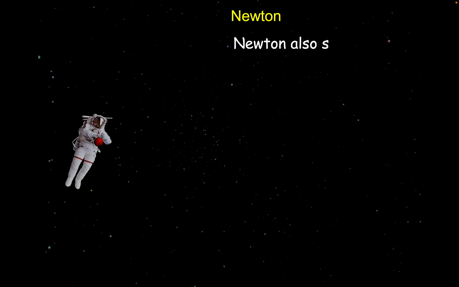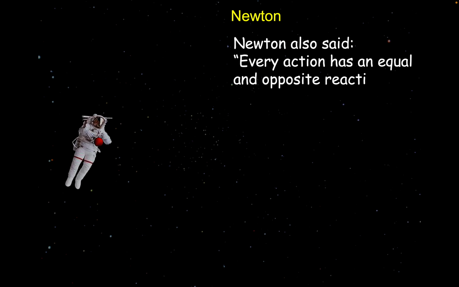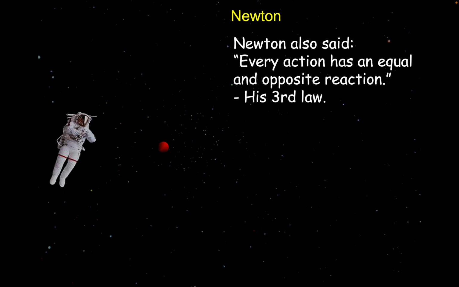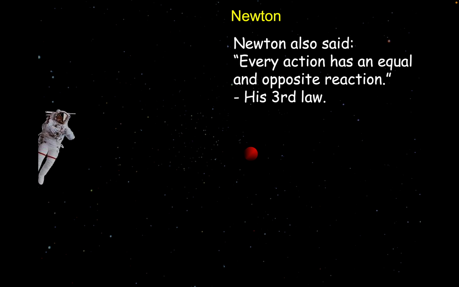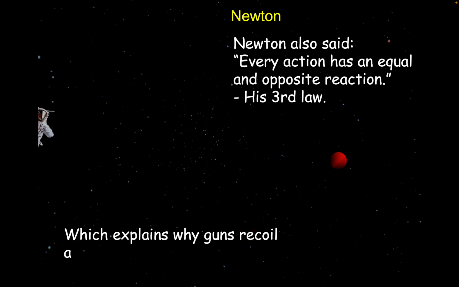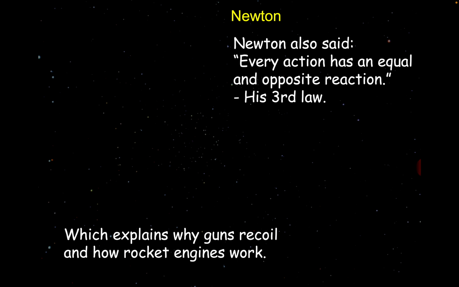So Newton then also said that every action has an equal and opposite reaction, and this is actually his third law. So we've missed the second law for now. And the third law, if he pushes the ball one way, that will create a force on him which pushes him back the other way.